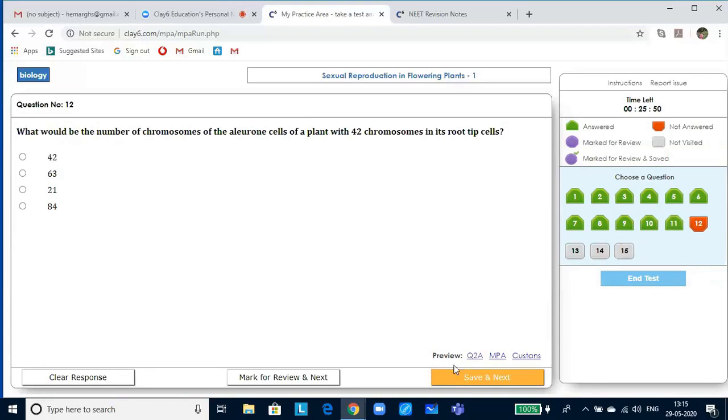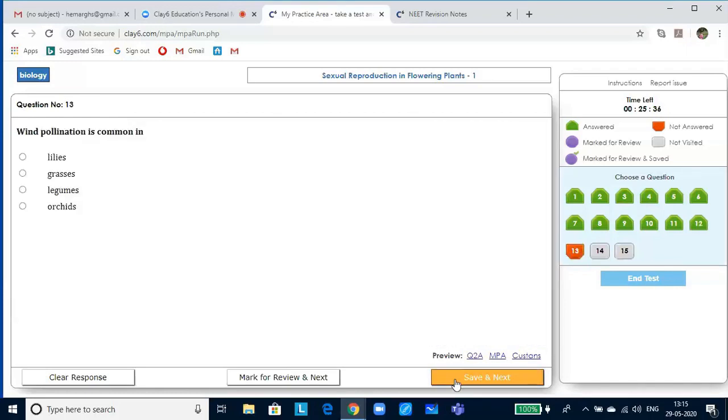If it is in the root tip cell, the diploid number is 42, so the haploid number is going to be 21. Triploid means 21 into 3, that is going to be 63. Wind pollination is common in grasses. Nucellar polyembryony is reported in the species of citrus.